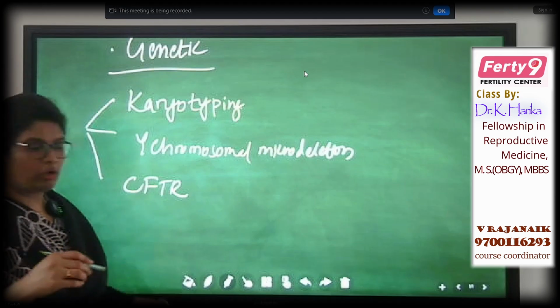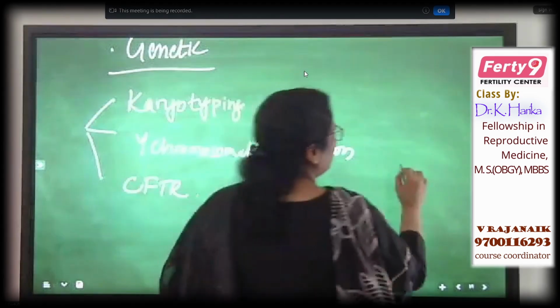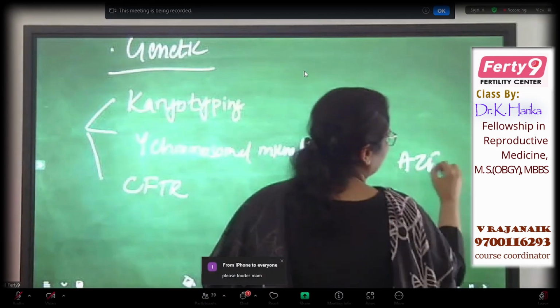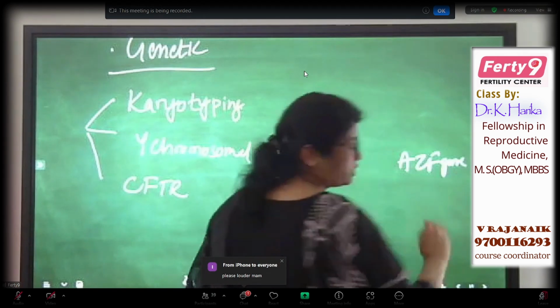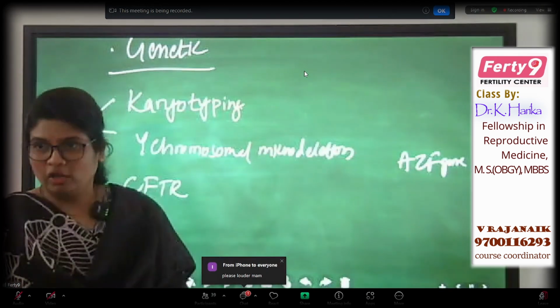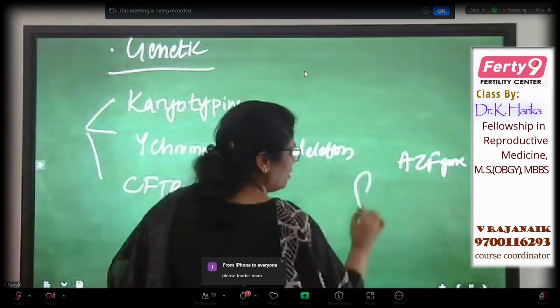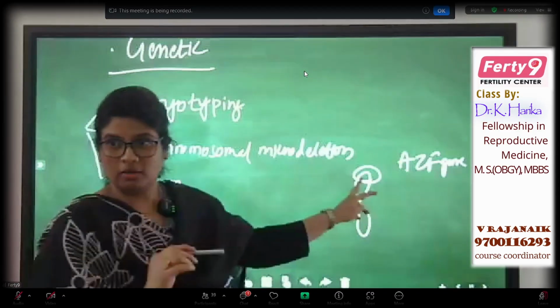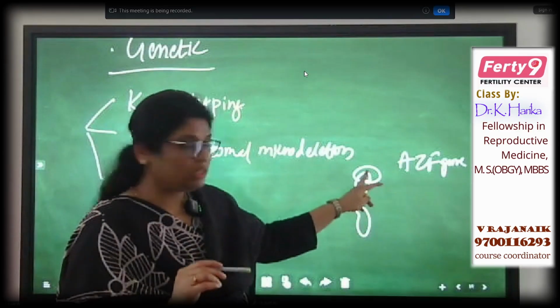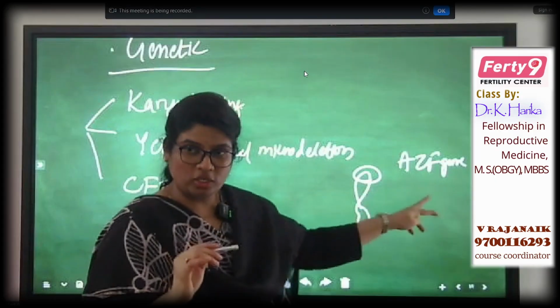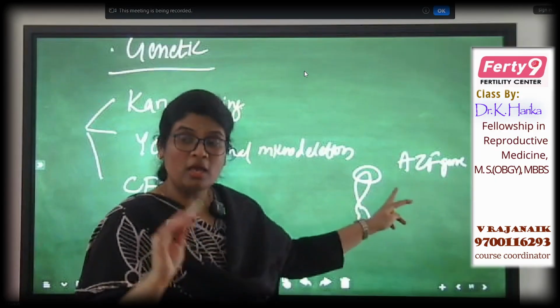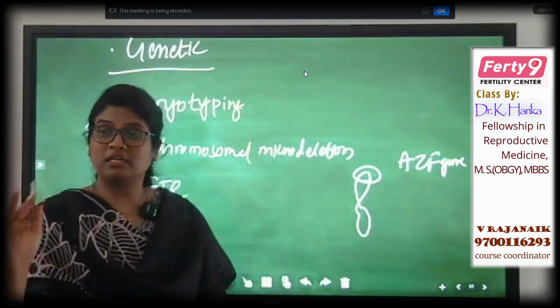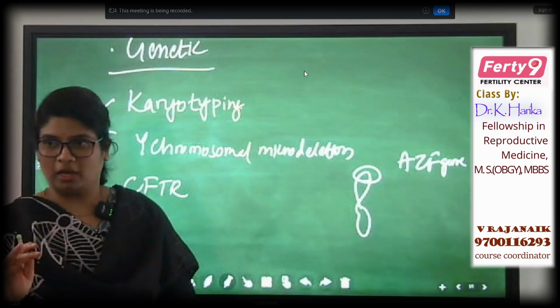Next is Y chromosome microdeletions. There will be azoospermia factor gene mutation. In the Y chromosome, there is one area, the azoospermia factor. If there is any mutation in this gene, generally they'll present with oligospermia or azoospermia.